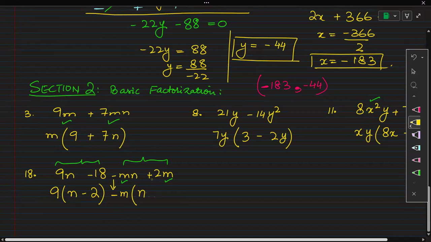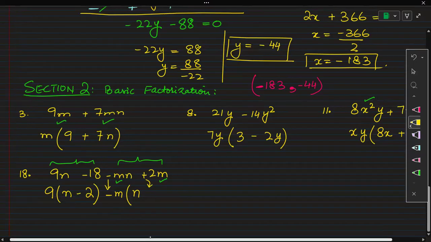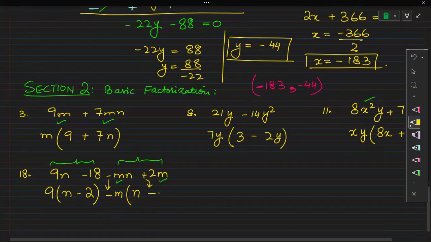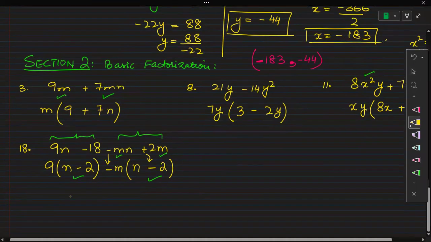So this plus sign also needs to be changed, and then two is going to be here. Now we are left with these two brackets common. So we will write n minus 2 that's the common bracket, and then 9 minus n.